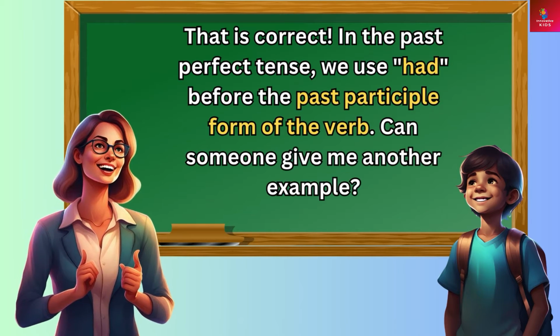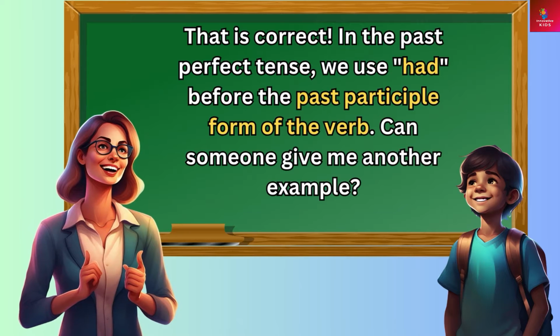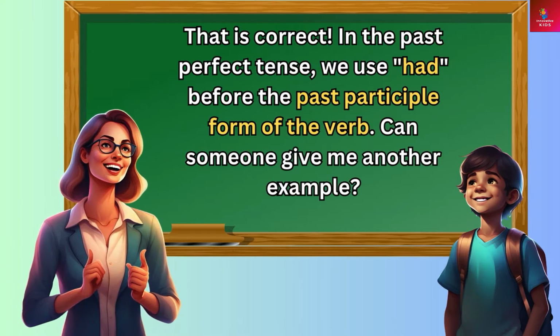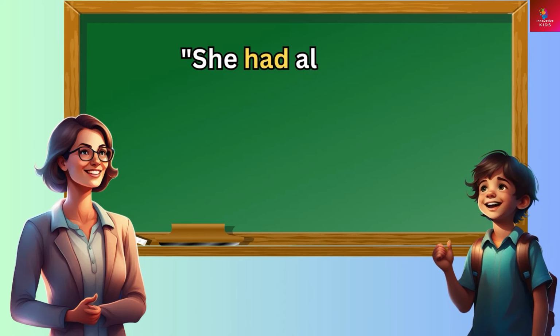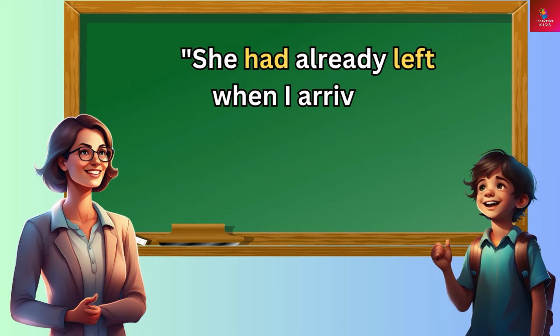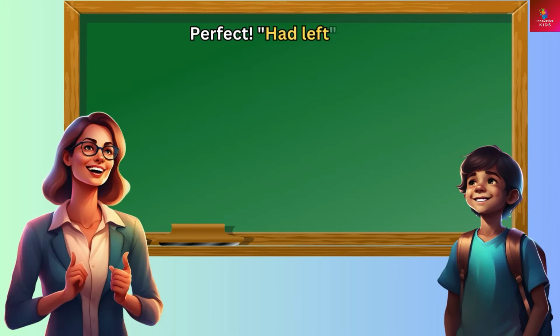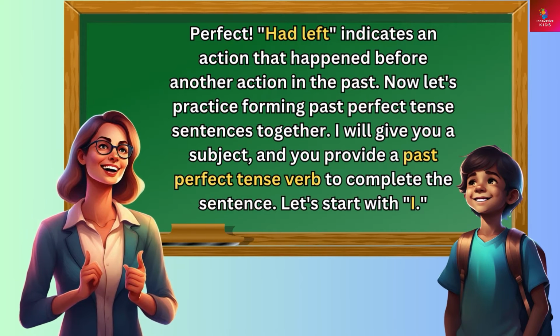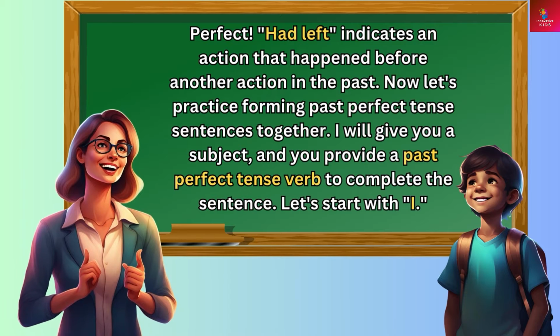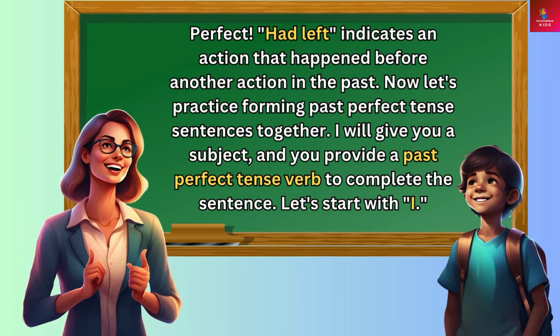In the past perfect tense, we use had before the past participle form of the verb. Can someone give me another example? She had already left when I arrived. Perfect. Had left indicates an action that happened before another action in the past.